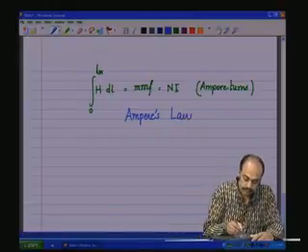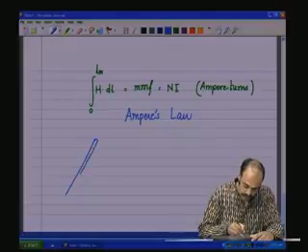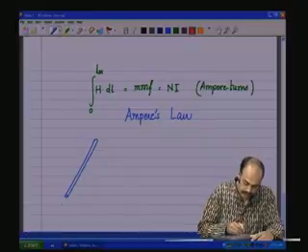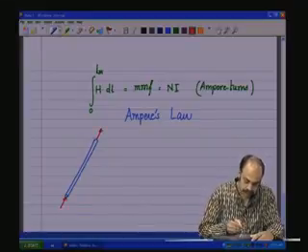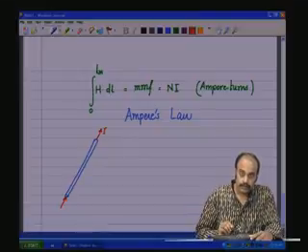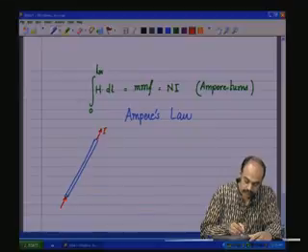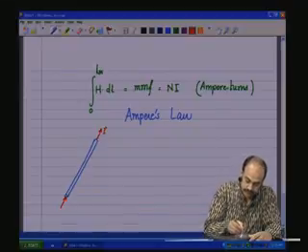What does it mean? Again, coming back to the conductor, we have this conductor and through the conductor we are going to pass a current I, and let us say I have number of conductors.